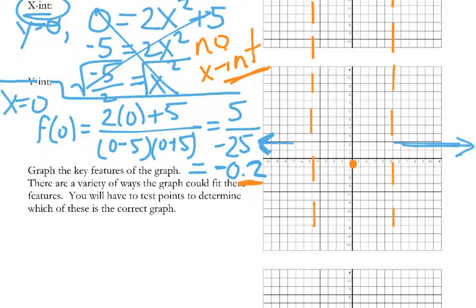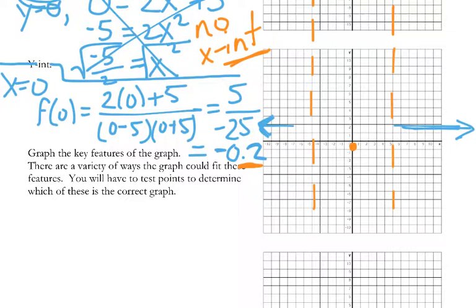So now our graph could start down here hugging the vertical asymptote and go through this point and continue up towards our other vertical asymptote. But if it does that, we've created a new x-intercept, and we don't have any x-intercepts. So that can't be right. So the green one doesn't work. Let's think about purple.